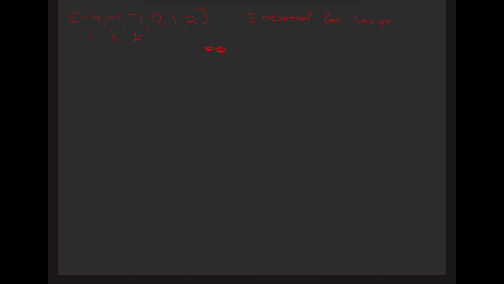So let's do a quick dry run of that. We have -4, -1, and -1. That does not equal 0. That adds up to -6. And -4, -1, and k keeps going down the array first.